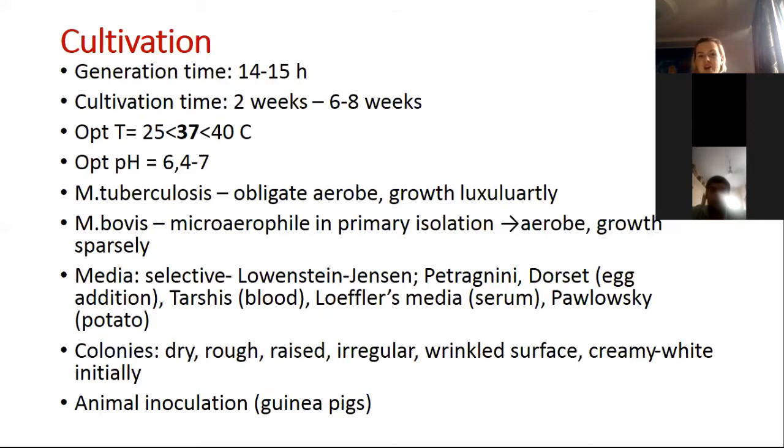Colonies are dry, rough, raised, irregular, with a wrinkled surface and creamy consistency, and we can use animals for cultivation of tuberculosis bacilli, and typically we use guinea pigs. And of course, in colonies is our form of colonies.